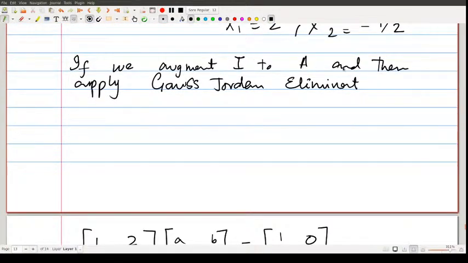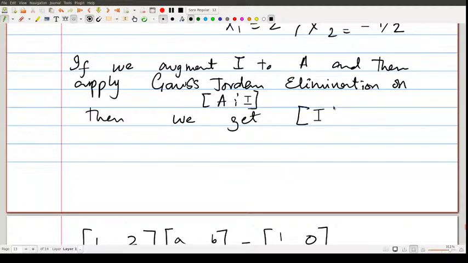So if we augment I to A and then apply Gauss-Jordan elimination on A augmented with I, then we get identity augmented with A inverse. So you can easily obtain the inverse of the matrix if you apply Gauss-Jordan elimination on this augmented matrices.